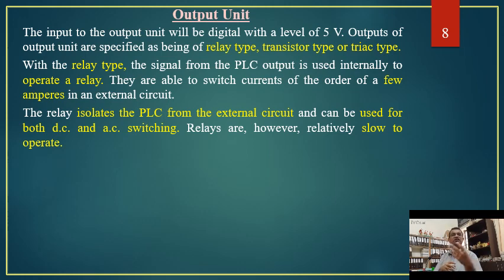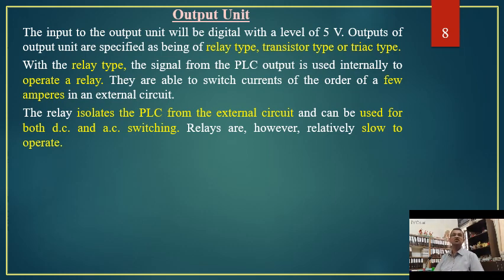So this input and output are different from the signal that is being sent by the PLC. The signal sent by the PLC is only doing one job, either to switch on the relay or switch off the relay. If the relay is switched on, whatever we have connected to the input goes to the output. If the relay is switched off by the PLC, whatever input we have supplied is seized from the output. So that is how a relay-based system works.